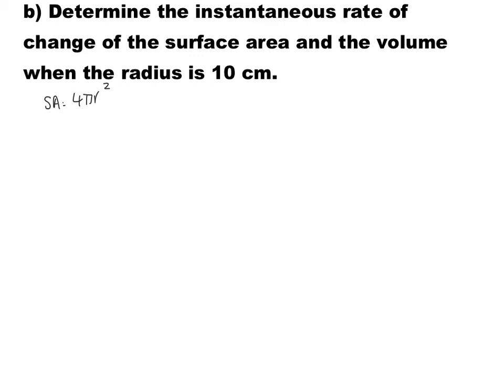So we are going to say that the instantaneous rate of change is equal to 4 pi times r plus h squared, minus 4 pi r squared, divided by r plus h minus r. Remember, h here is a very small increment to the radius.